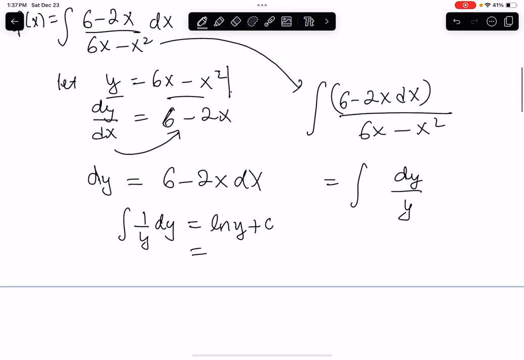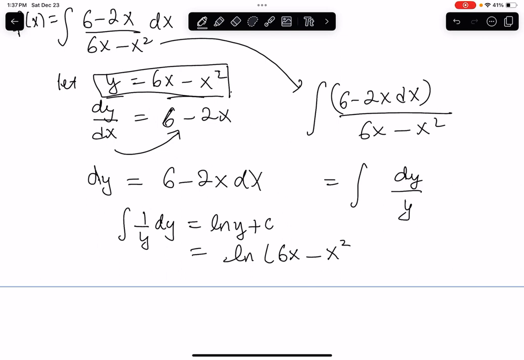We already know that y is 6x minus x squared, so you're simply substituting it. So this is ln of 6x minus x squared plus c. That's the main thing that we looked at over here.